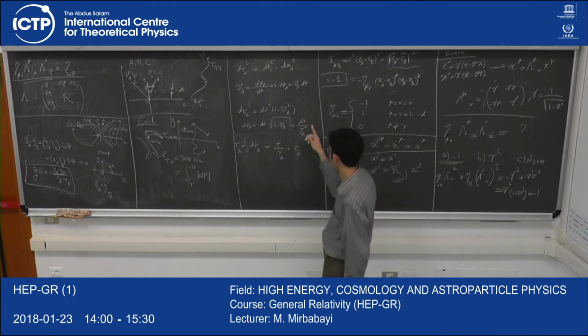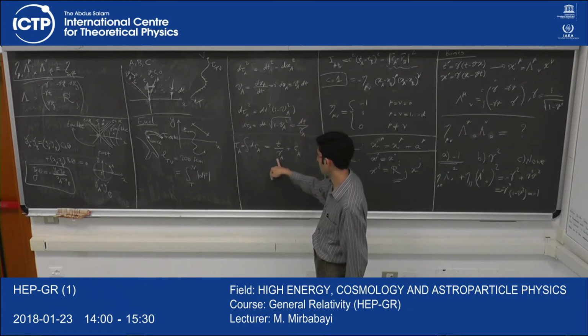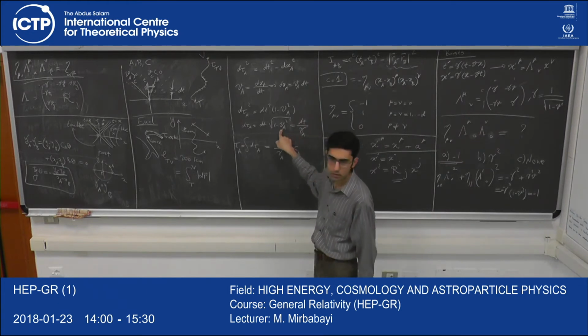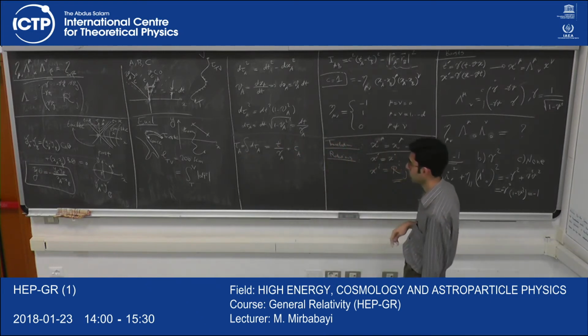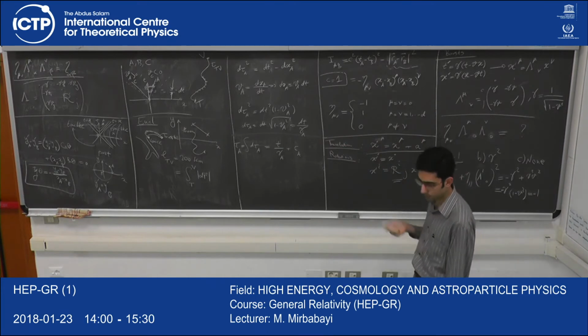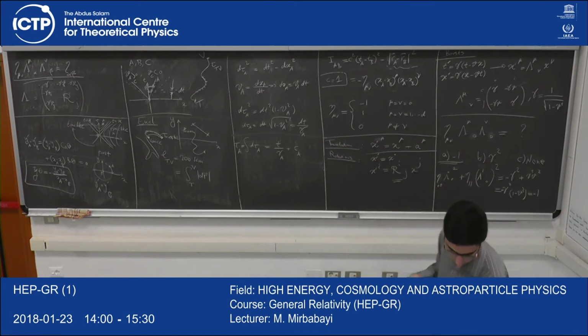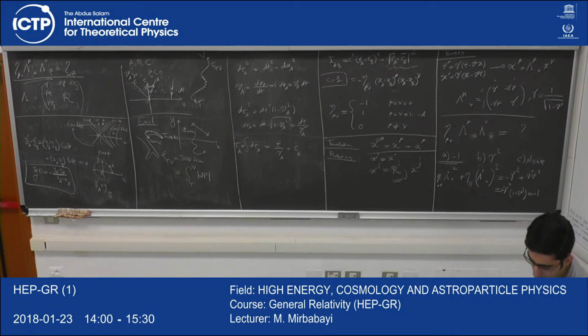If I consider the same calculation for Bob, since the velocity of Bob is 0, I get tau B is equal to T. So T is what Bob's clock measures. Any questions so far?